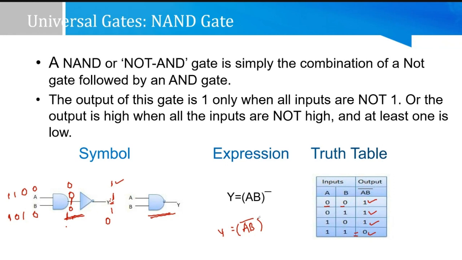Just insert NAND gates, and whatever logic you want, you can make it. Don't make it so complex. Just understand this: with the help of the NAND gate, we can implement any type of gate. That's why we will be using these gates in our design.